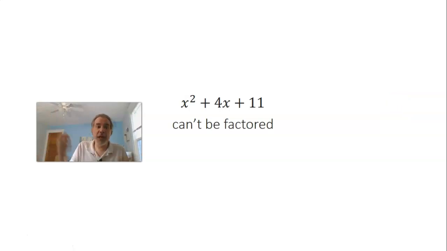And that happens sometimes. If you just meet a polynomial walking down the street, there's a reasonable chance that it can't be factored. Some polynomials are factorable, some aren't. The only way to know for sure that it can't be factored is to look at all the possibilities, and if none of them work out, then it can't be factored.